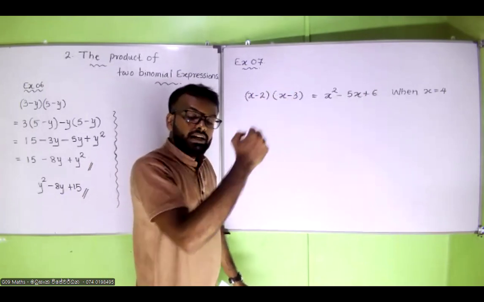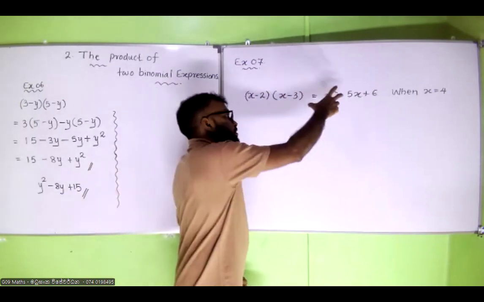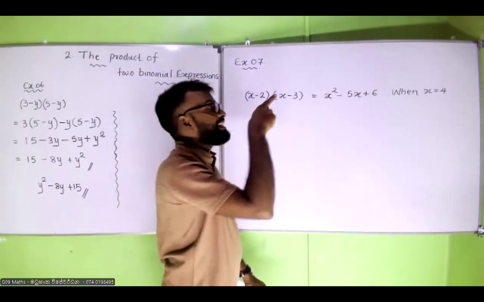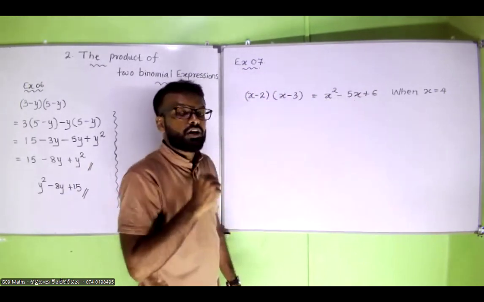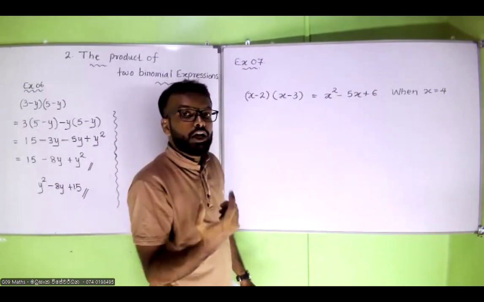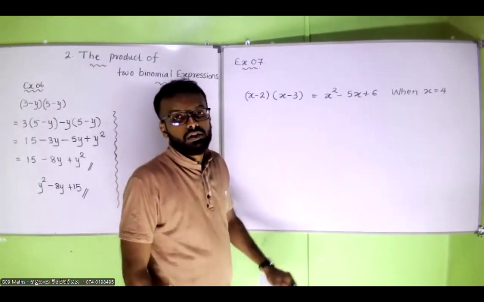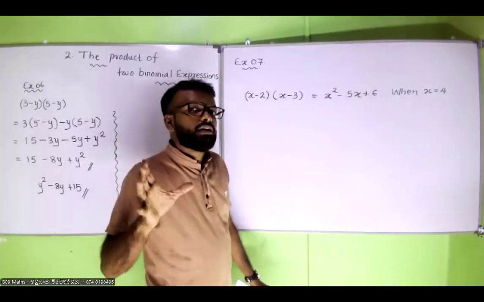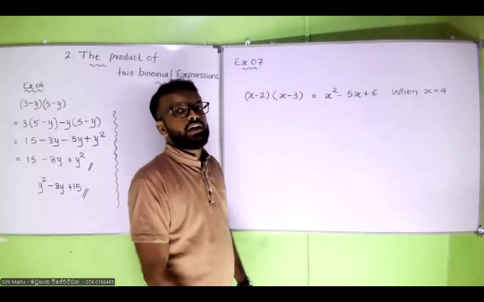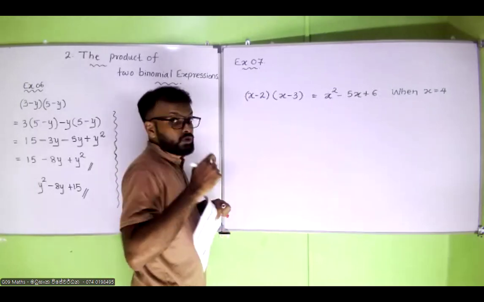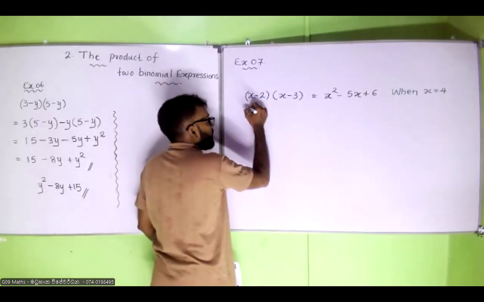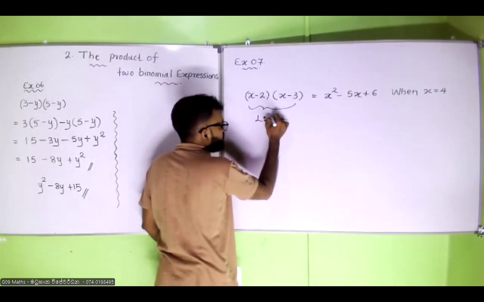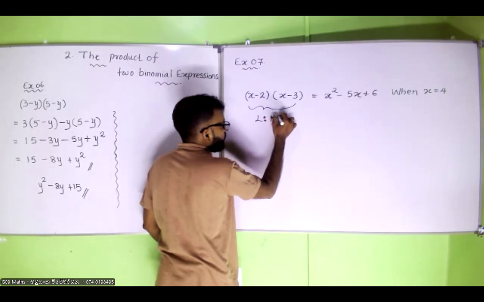And then after that, you have to take your right hand side, substitute your value in it and show that you are getting the same answer, which is equal to your left hand side value. Right. Let's figure it out. This is the way you are going to show, you are going to prove.